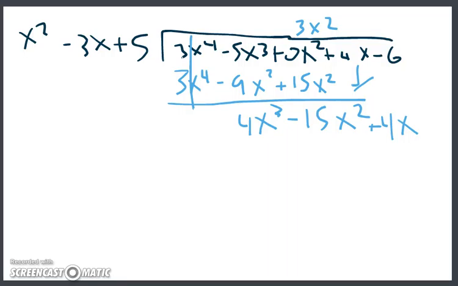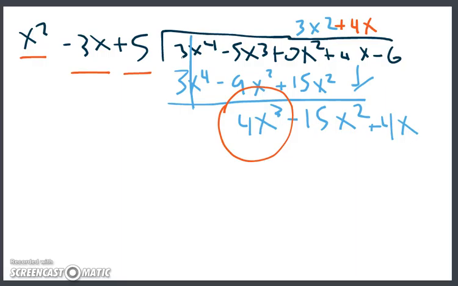Now you look at your highest power again and think what will get you 4x to the third power. So your next number will be 4x, since 4x times x to the second power will get you your biggest number, 4x to the third power. So now you will multiply 4x by x squared, negative 3x, and 5.